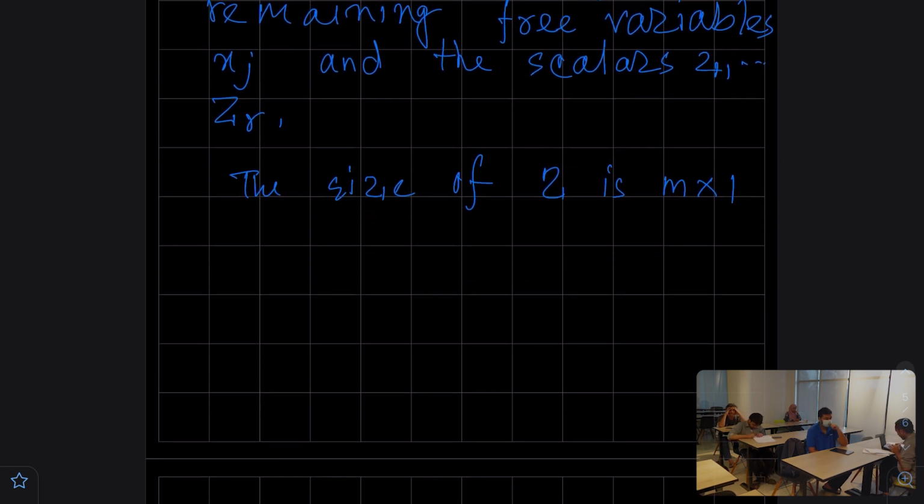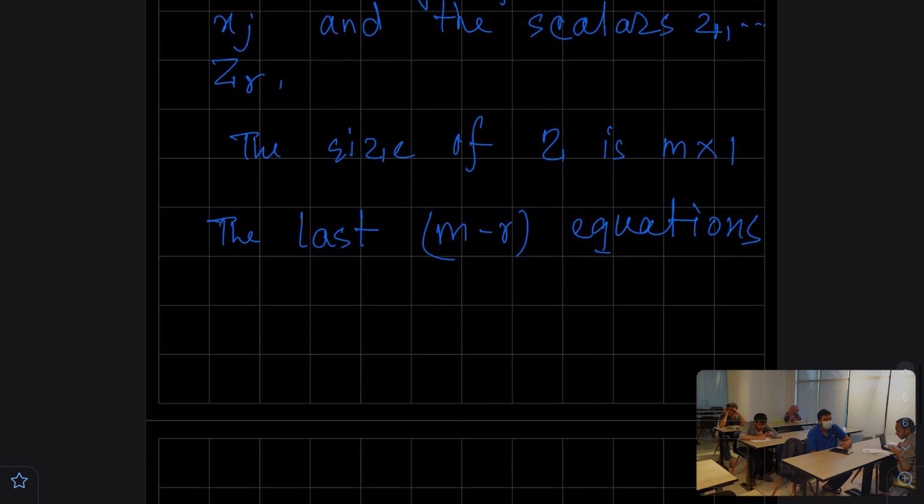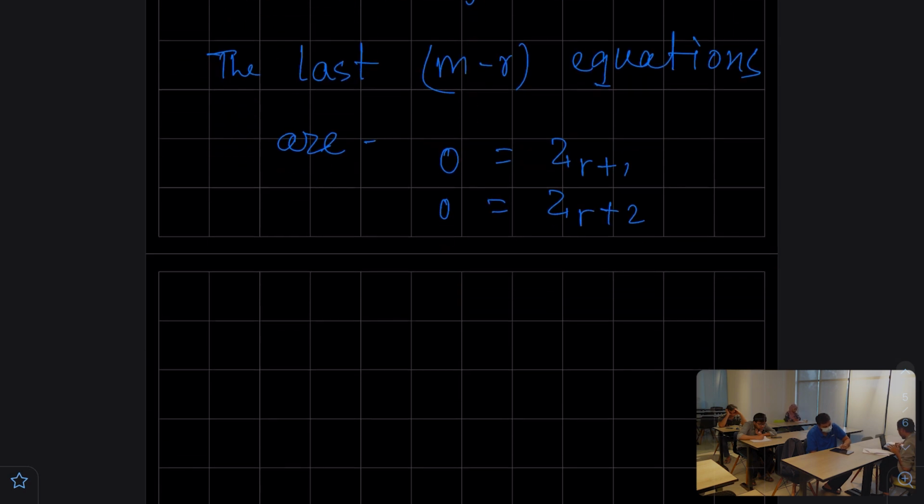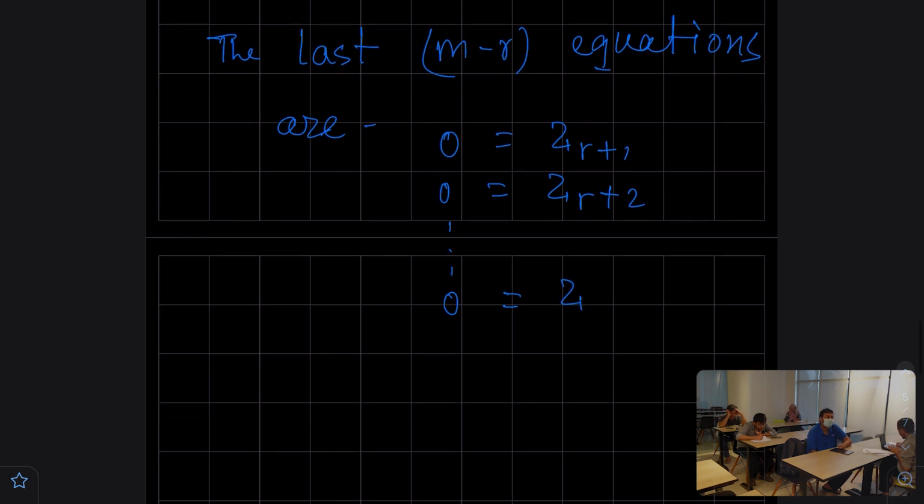And the last m minus r equations are what? 0 equals to z r plus 1, 0 equals to z r plus 2, 0 equals to z m, right?